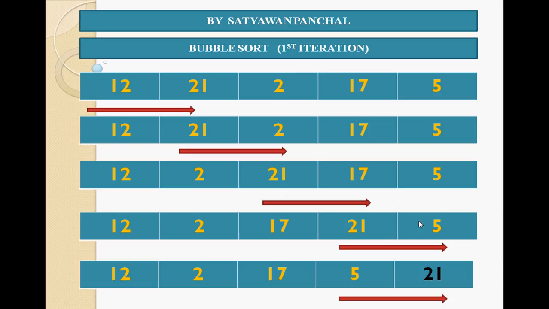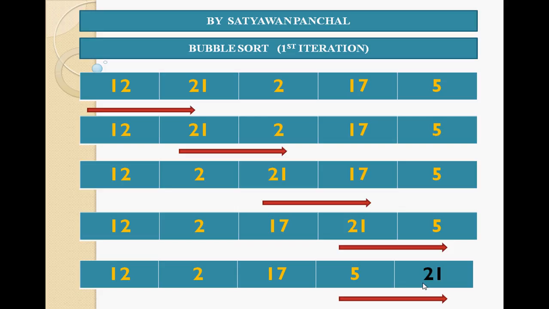Okay, so this is the final step of this iteration. So finally what we have got is that 21 is the largest element in this list, and it has been shifted to the last position. So in bubble sort we finalize the heavier elements at the depth. Okay, so elements with higher weights will be going deep.